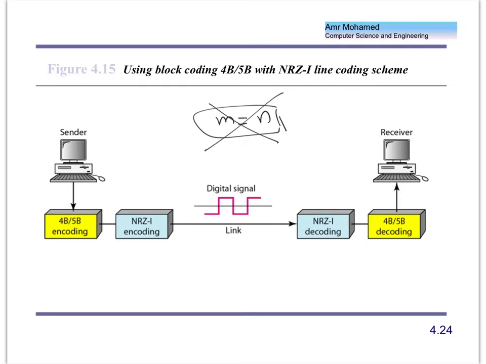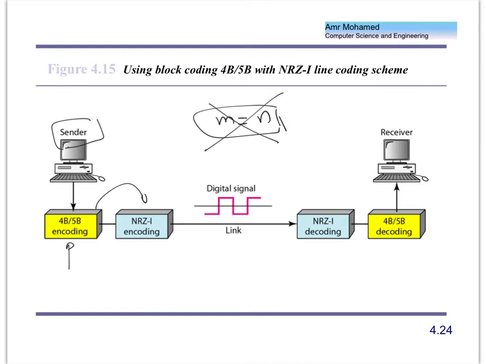So here at the transmitter side, the sender side, each 4 bits will be converted to 5 bits. And of course, we will select the combinations out of the 32 combinations for the 5 bits that have more transitions between the ones and the zeros.